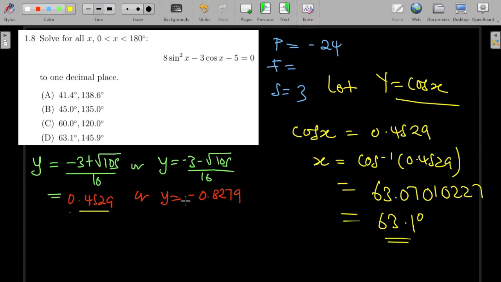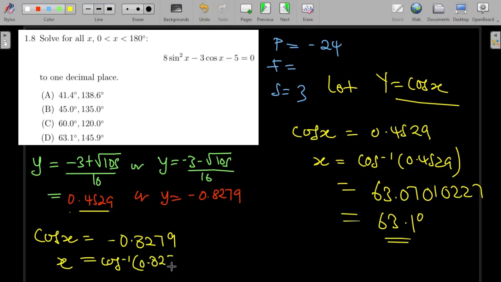What about if I use this one here? So that one will be, cos x will be equal to minus 0.8279. Okay, so this will be x equals cos inverse. I ignore the negative first of all. So let me do that.